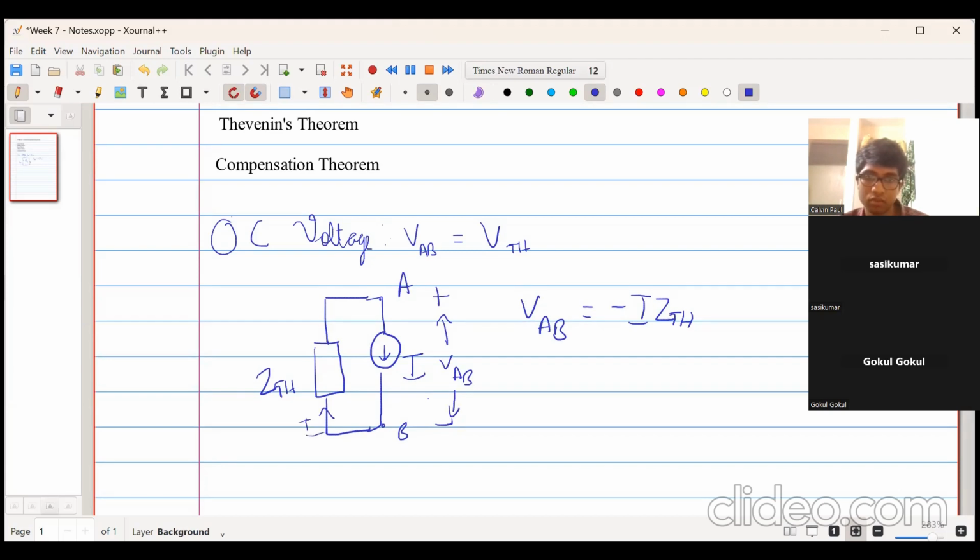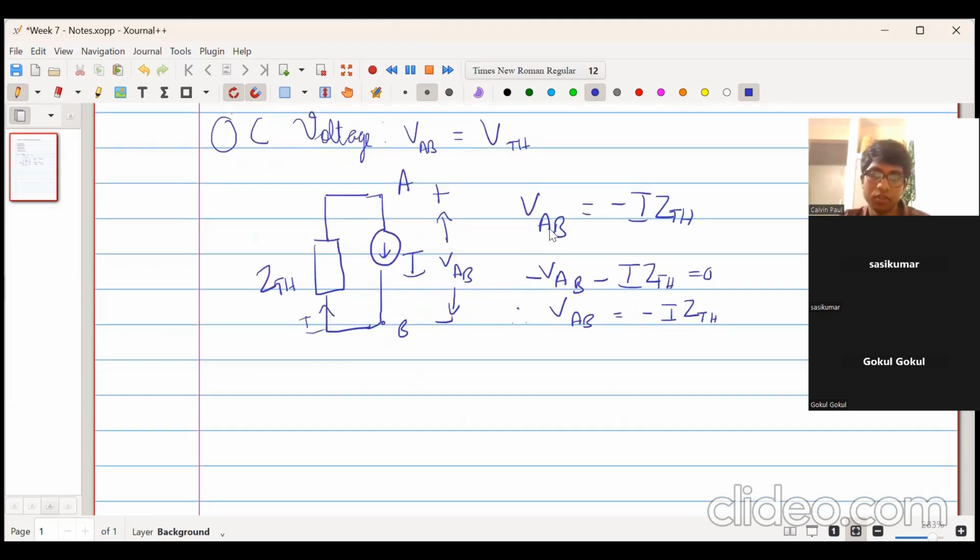When we go from here to here, it will be minus VAB, and then we go from positive to negative, like the current is going in this direction and we are also going in the same direction. So that will be minus VAB minus I into ZTH equal to 0. Therefore VAB is equal to minus I into ZTH. Does this make sense? Okay.